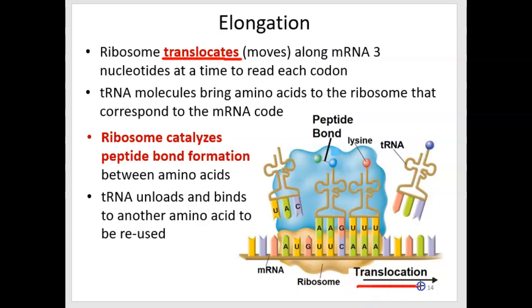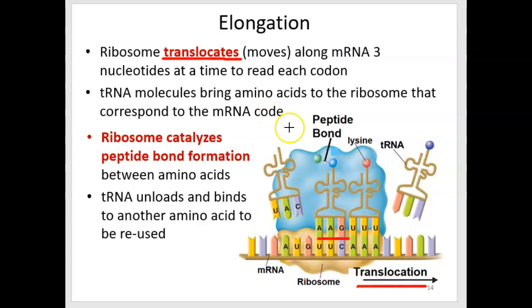I put it in 2 places. So translocation is the process. The verb, I guess, would be translocates. So the ribosome moves 3 nucleotides at a time to read each codon. And the only transfer RNA that's going to fit into the ribosome at that particular spot, or that codon, is the one that's complementary to it.